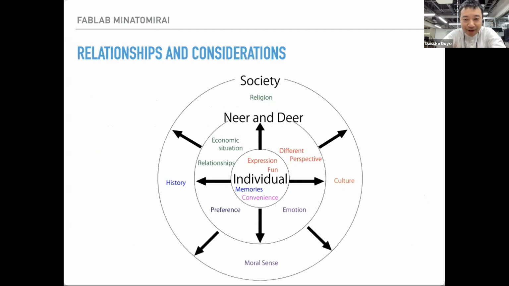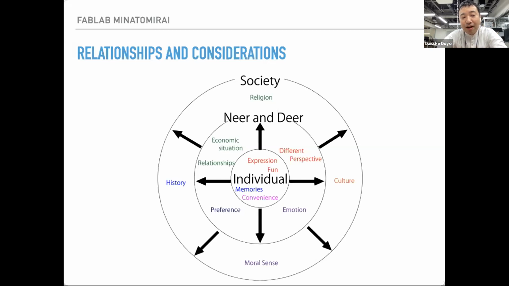And if we create for others, there are many considerations. If I make for myself, I only consider my convenience and fun and my expression and my good memories. But if I make for others near and dear, I have to consider their preference and their emotion and their different perspectives and economic situation and their relationships.